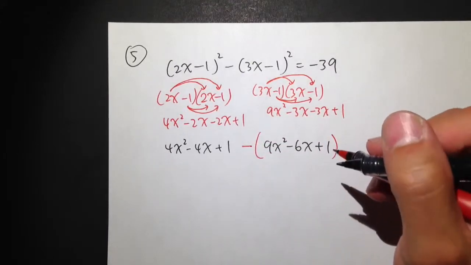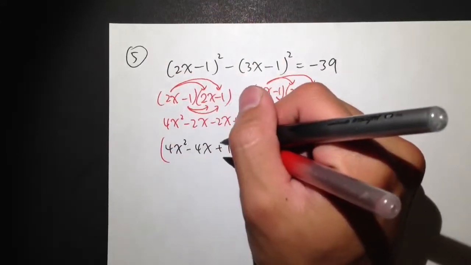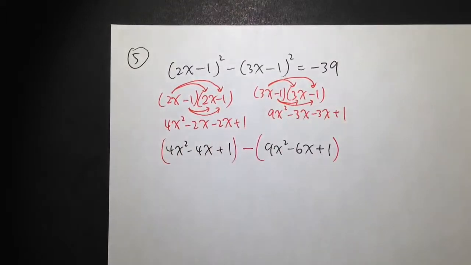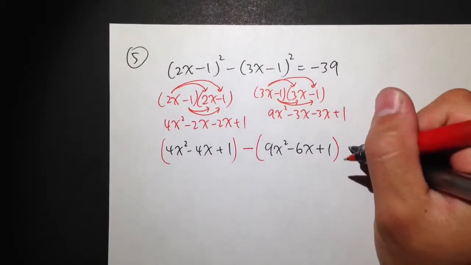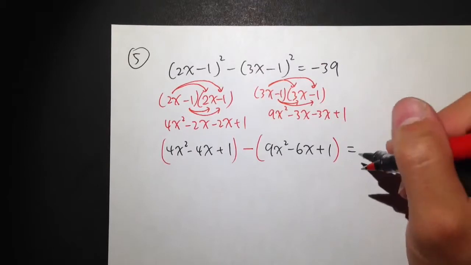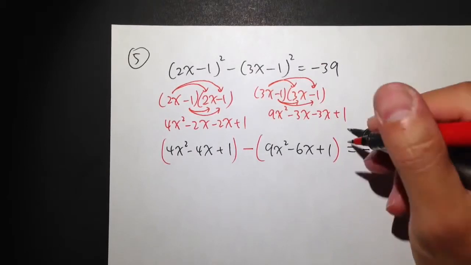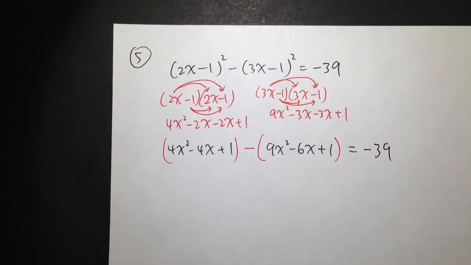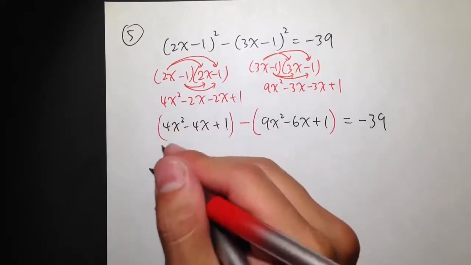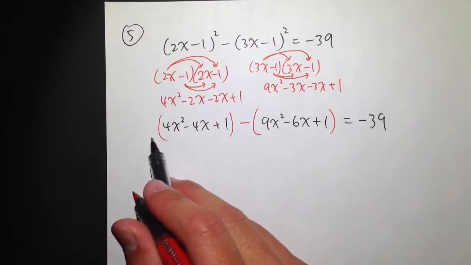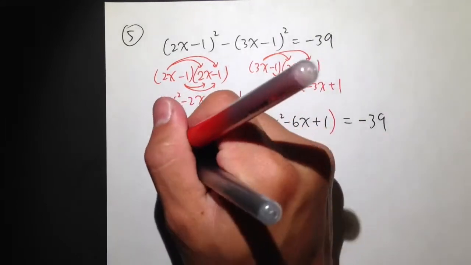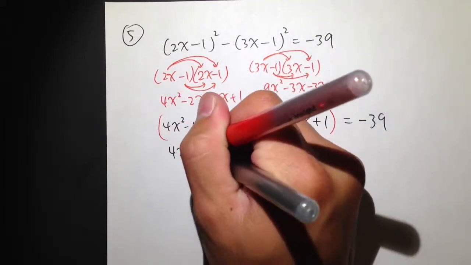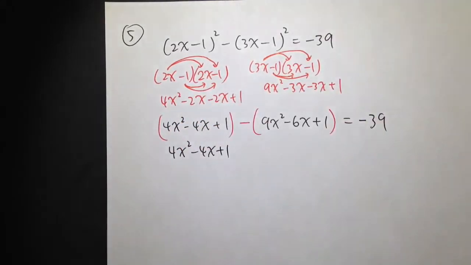Technically, I should have also put a parenthesis around the first part as well, and you will see that it actually doesn't matter. However, this will be equal to negative 39. Because we don't have anything in front of this parenthesis, as I said, it doesn't really matter: 4x squared minus 4x plus 1.